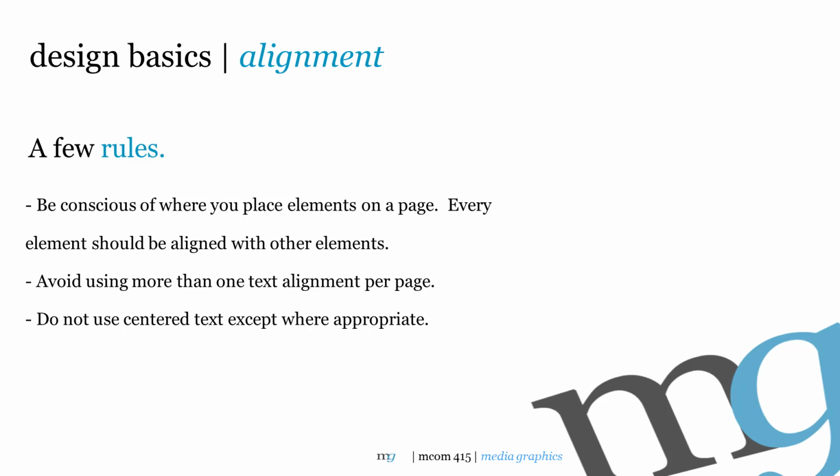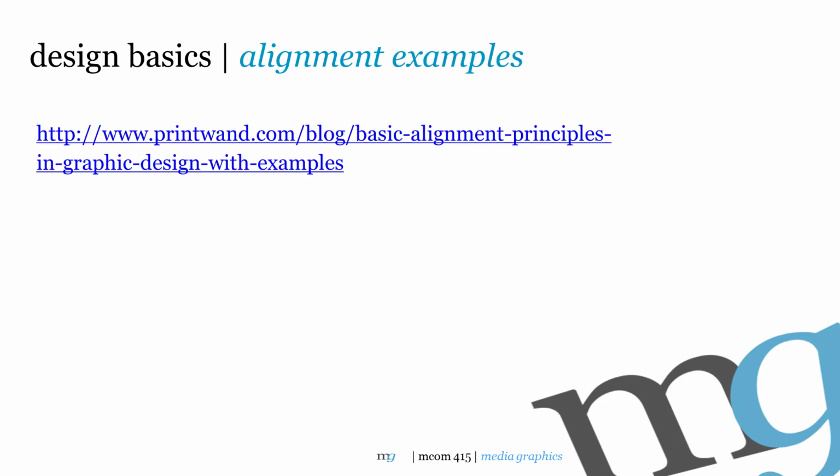The number one idea that centered text conveys is, I'm an amateur. Finally, over at printwand.com, there's a very helpful magazine to get you through more in-depth information on the principles of alignment. I highly recommend you check it out.